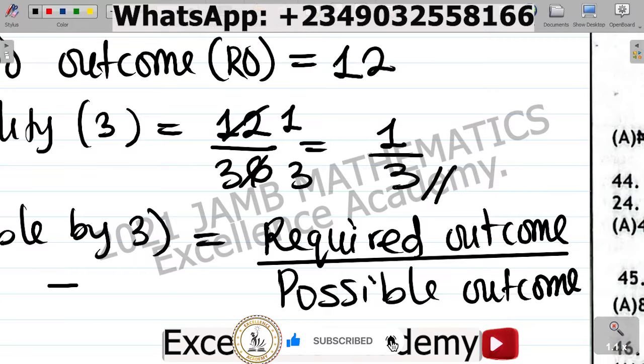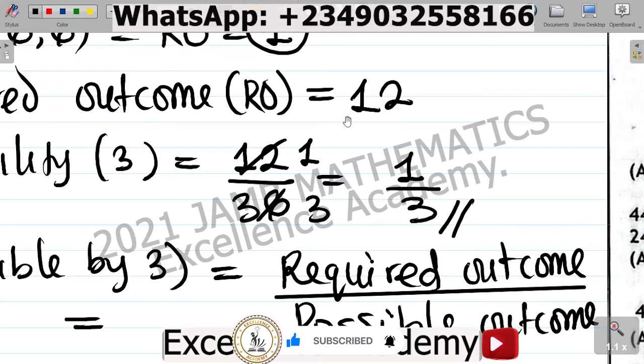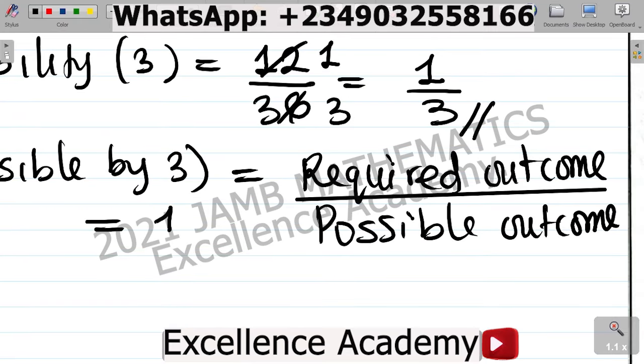The required outcome is now equal to what I have here. That's the sum there, which is 12. So 12 all over the possible outcome.